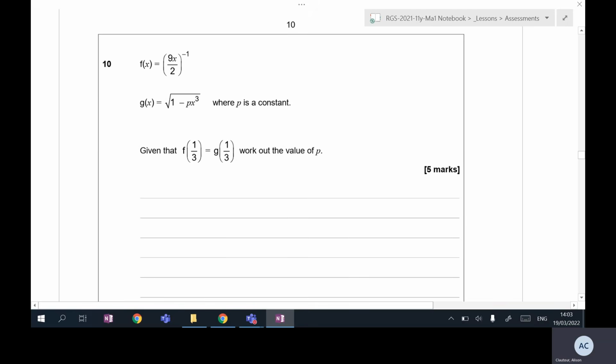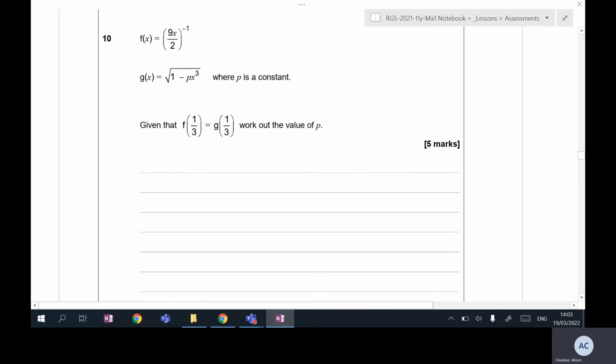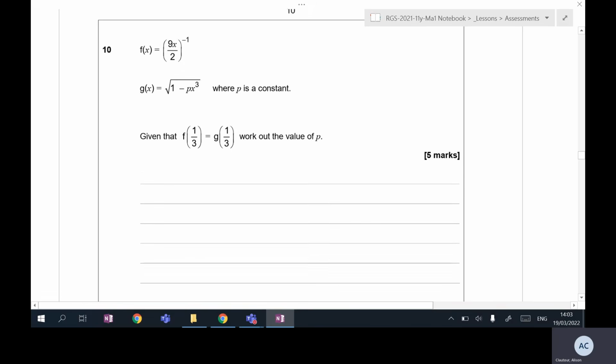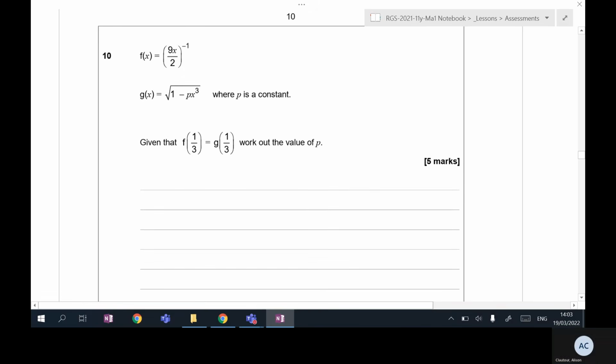Let's have a look at number 10. So it's given us an expression for f(x) and g(x), and it tells us that f of a third and g of a third are the same. So let's have a go at working them both out. So f of a third is 9 times a third divided by 2 to the power of minus 1.